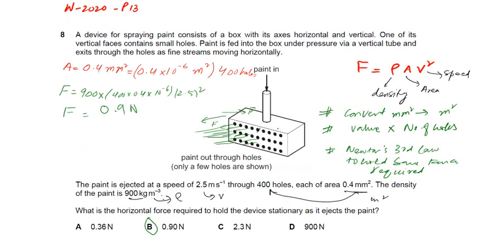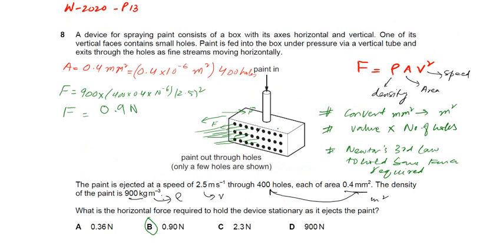Paint is fed into the box under pressure via a vertical tube and exits through the holes as a fine stream moving horizontally. So there is no curve; it is just moving in a linear direction, right? In a linear direction, there is a drift velocity, so we can apply this force formula: density, area, and the speed squared.